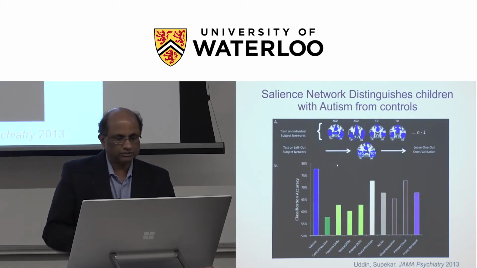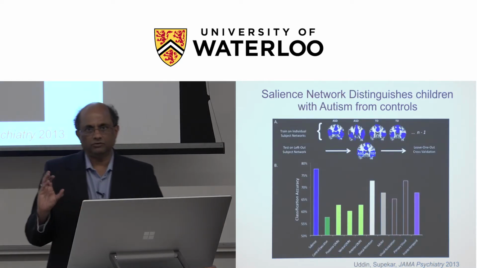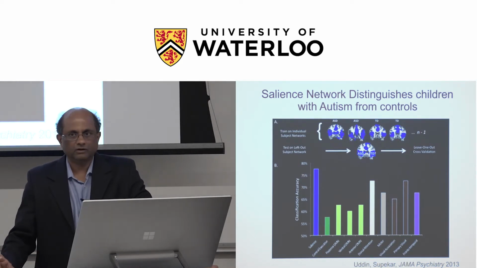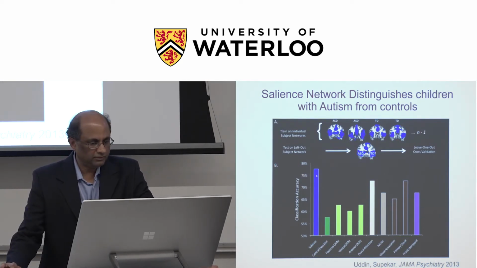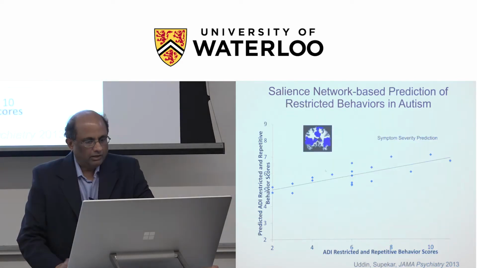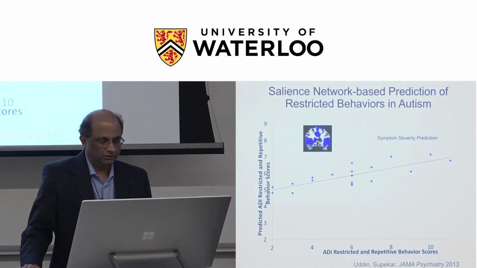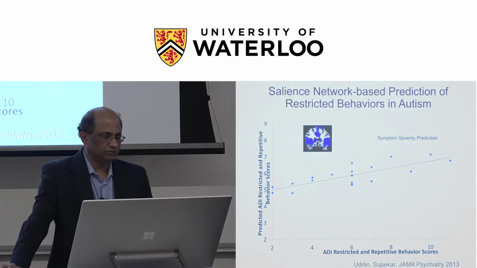And when we looked at which system is the most predictive, in a cross-validation sense, of the disorder, it was the salience network that stood out the most. Moreover, the degree of aberration in the system is also predictive of restricted and repetitive behaviors. And this is a component that I'll try to unpack.